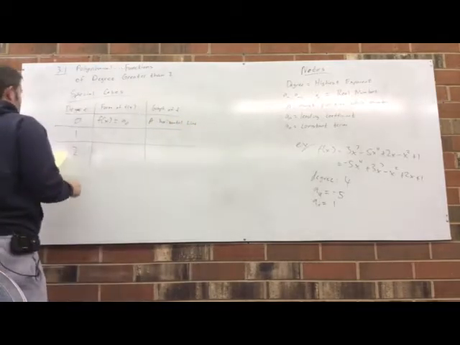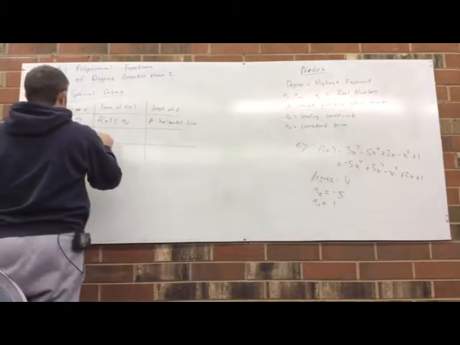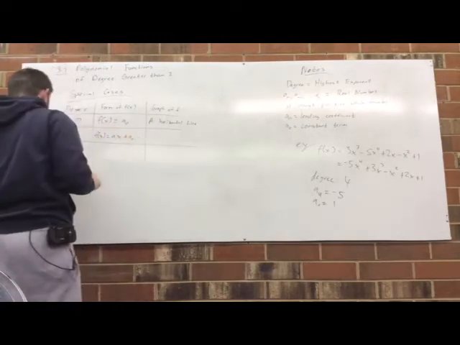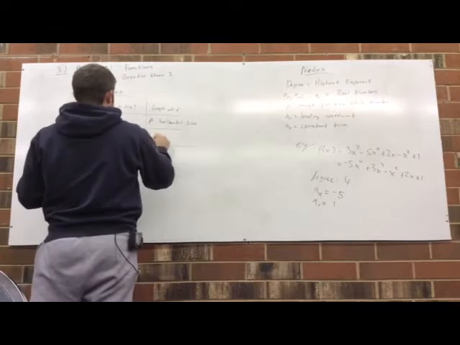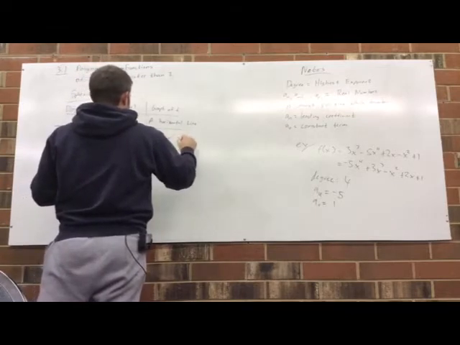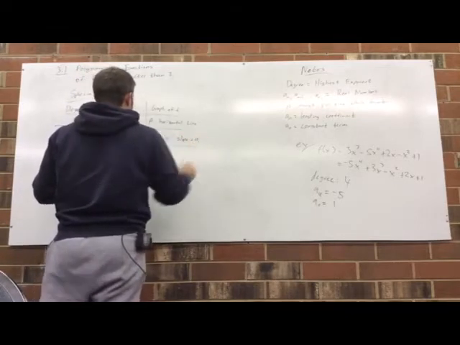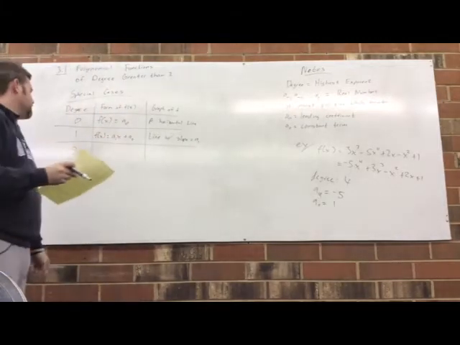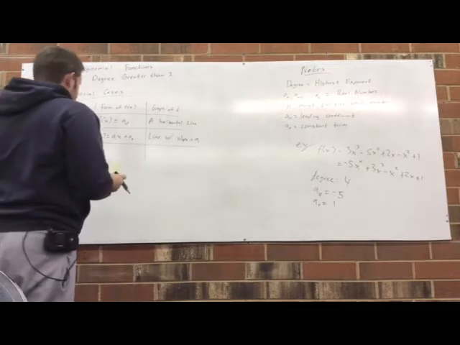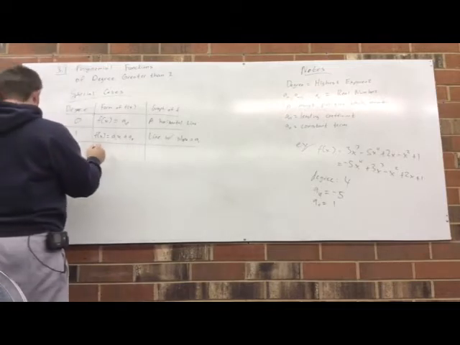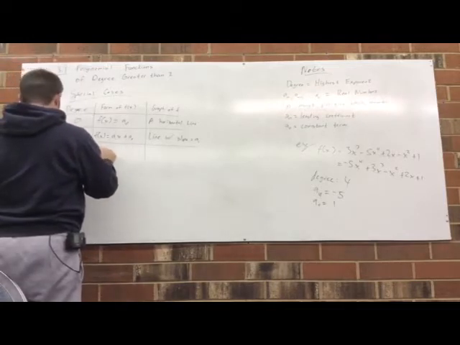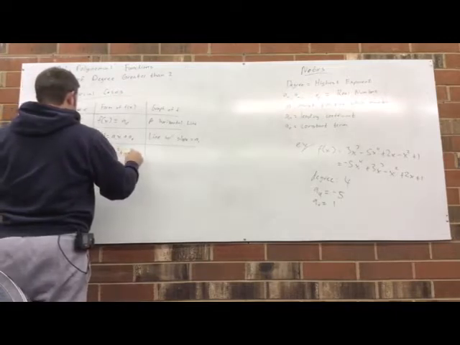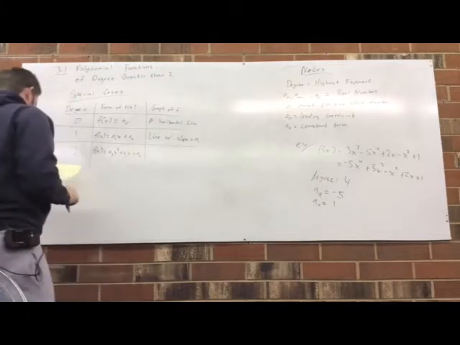Of degree 1, our form is f of x equals a sub 1 x plus a naught. And this is just a line with slope equal to a sub 1. So this is just y equals ax plus b, something we're all very familiar with. Degree 2, f of x equals a sub 2 x squared plus a sub 1 x plus a naught.